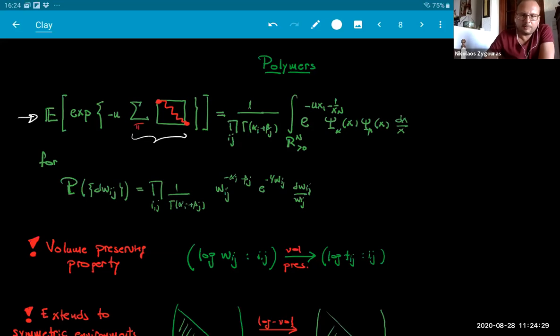And let's compute the Laplace transform. Using the RSK construction, and a number of properties that need to be derived, we can compute the Laplace transform as an integral, where in the right-hand side I have what are called Whittaker functions.